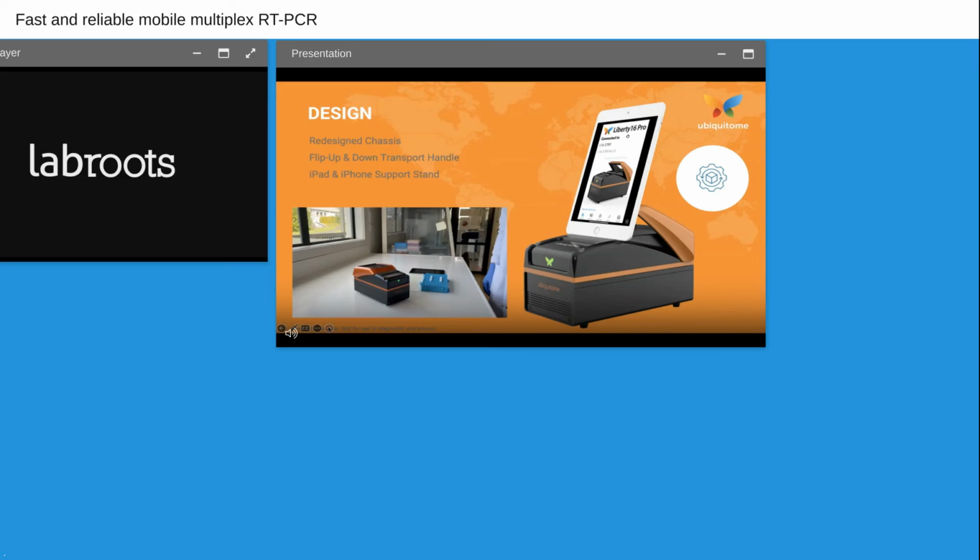Based on the image that you see up on the screen there, you see that the notches and grooves have been carefully machined and integrated into the design of the particular device, which allows for your iPad or iPhone to sit and rest on the device, allowing you to save even more valuable bench space for if you wanted to set up another run, or if you wanted to reserve that space to do some administrative work or sample preparation.